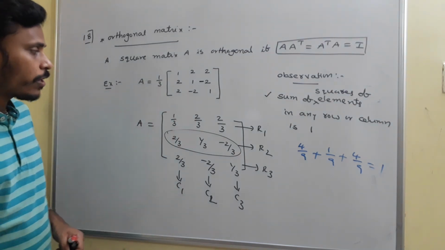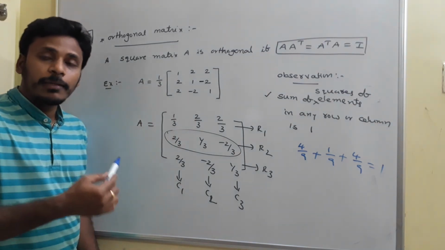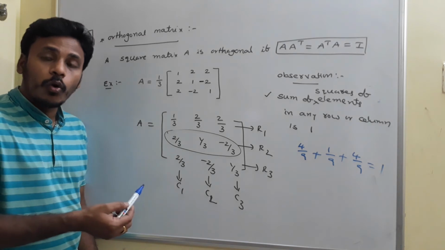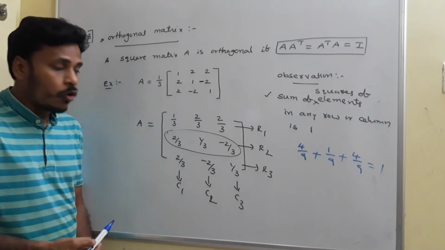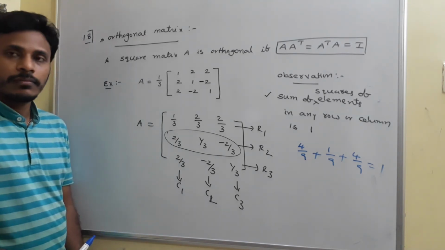Another observation is that if you multiply the elements of one row with the corresponding elements of another row, the result becomes 0. Is it clear?